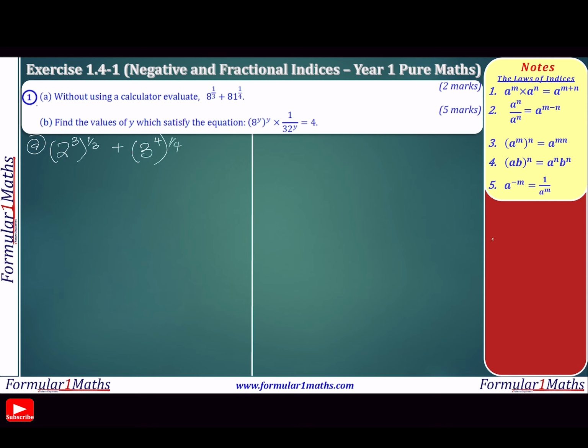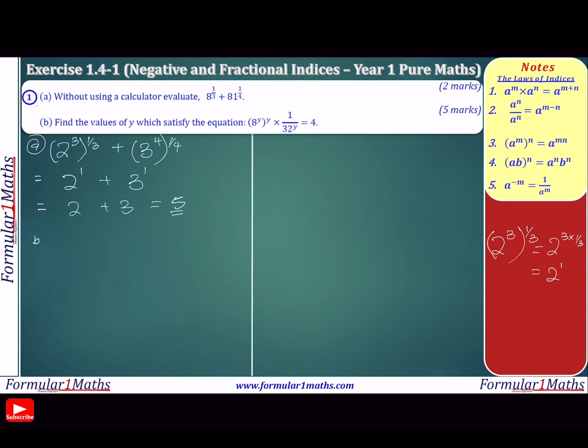Now 2 to the power 3 raised to the power 1/3 can be written as 2 to the power 3 times 1/3, using rule number 3, and that reduces to 2 to the power 1. Similarly, that would be 3 to the power 1. This is therefore equal to 2 plus 3, and our answer is 5 for question 1A.